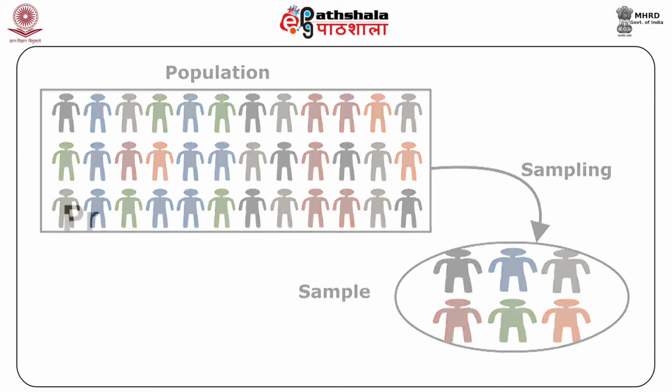Let us look at the probability sampling approaches. Probability sampling involves selection of samples based on probability and involves random selection. In this case, every unit in the population has a chance or probability of being selected in the sample. In fact, the probability of being selected can be determined.